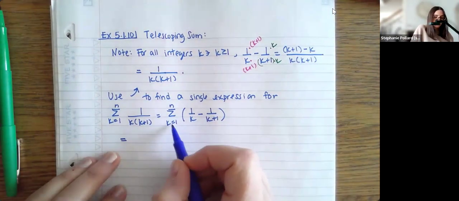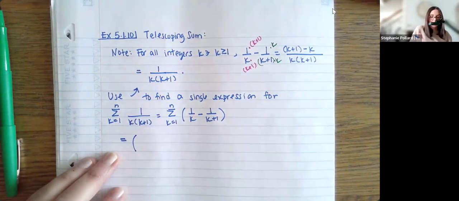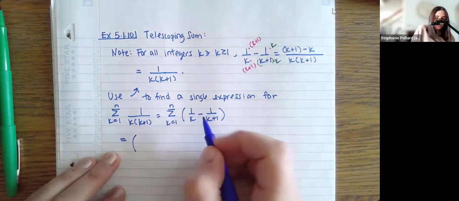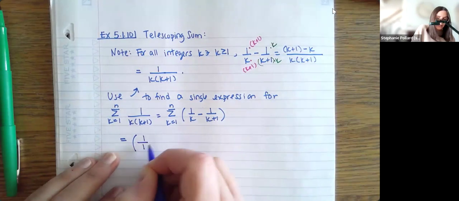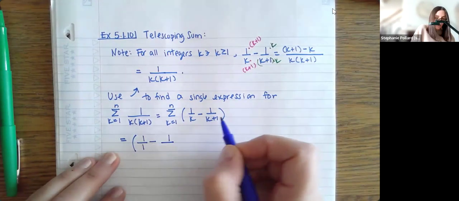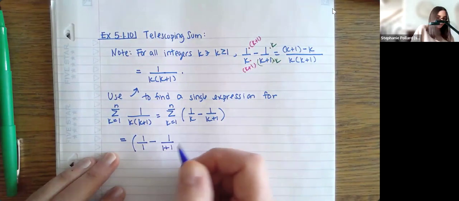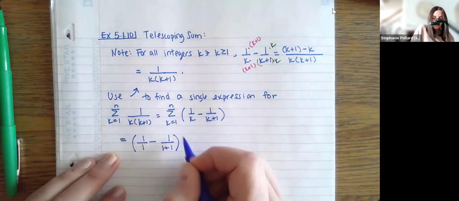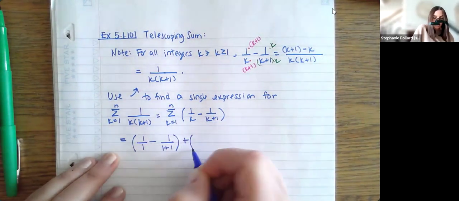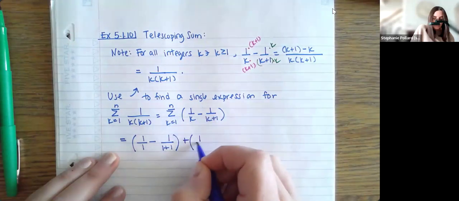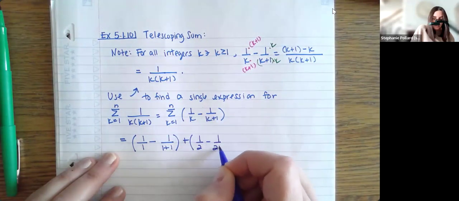I'm going to start with 1, and I'm going to use my parentheses to help me stay organized. So I'm going to plug in k as 1 first. So I have 1 over 1 minus 1 over 1 plus 1. And then summing, I'm adding, and now I'm going to plug in 2. So I have 1 over 2 minus 1 over 2 plus 1.